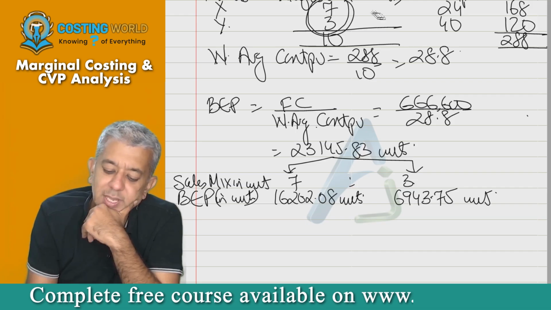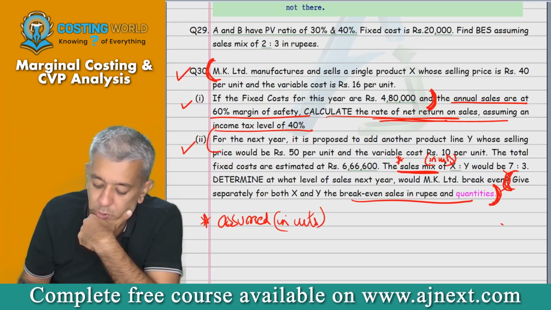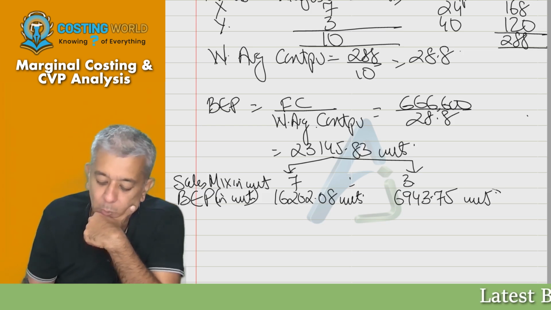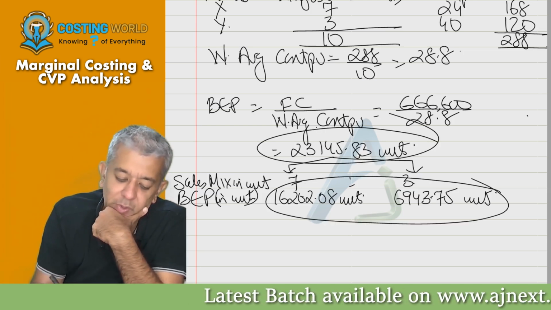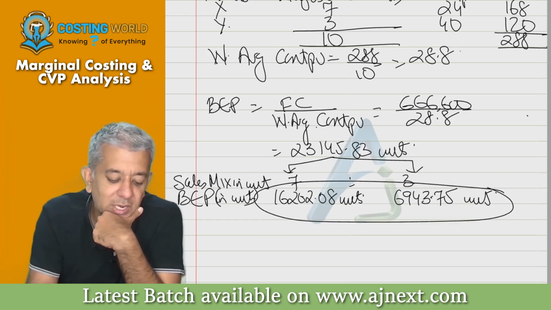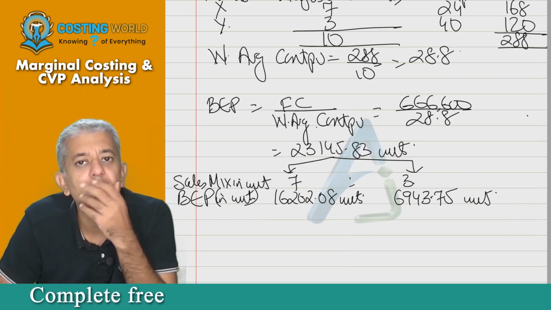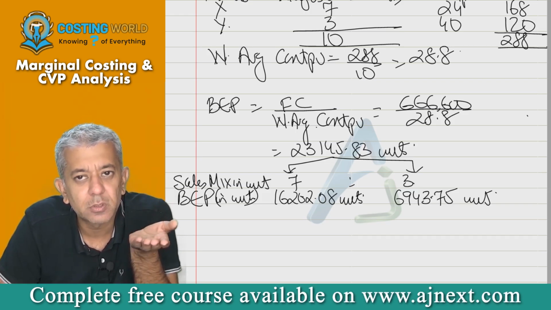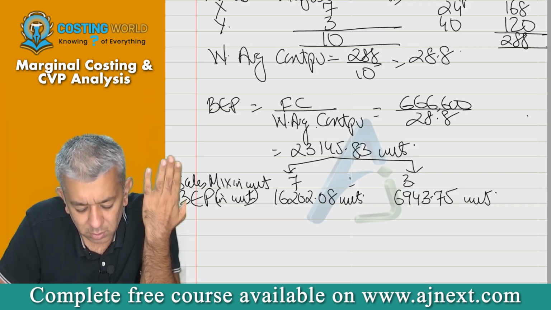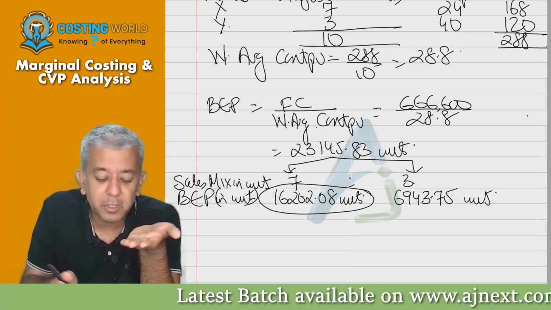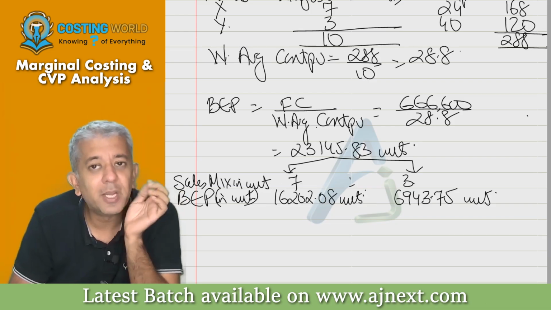Now, those guys want in terms of rupees also. See, those guys have told the break even sales in rupees and quantity. In quantity, we have got now. Can we say this is the break even point of each and every product in terms of units? If I have to reach break even sales, with what should I multiply? This is quantity only. You will multiply by selling price.